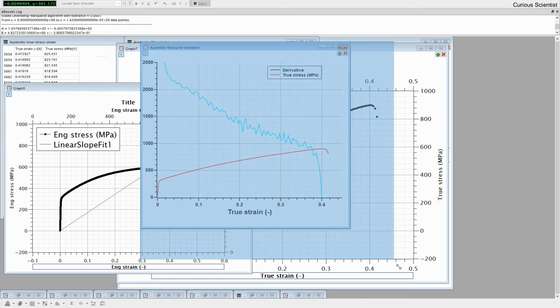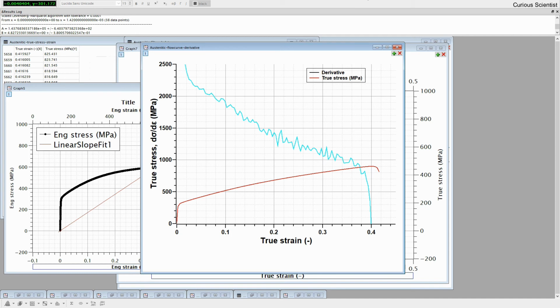So basically what we need, let's just take our pointer, 885, and it's roughly 38 or 37.7 percent. So the ultimate tensile strength of this material is 885 megapascal.